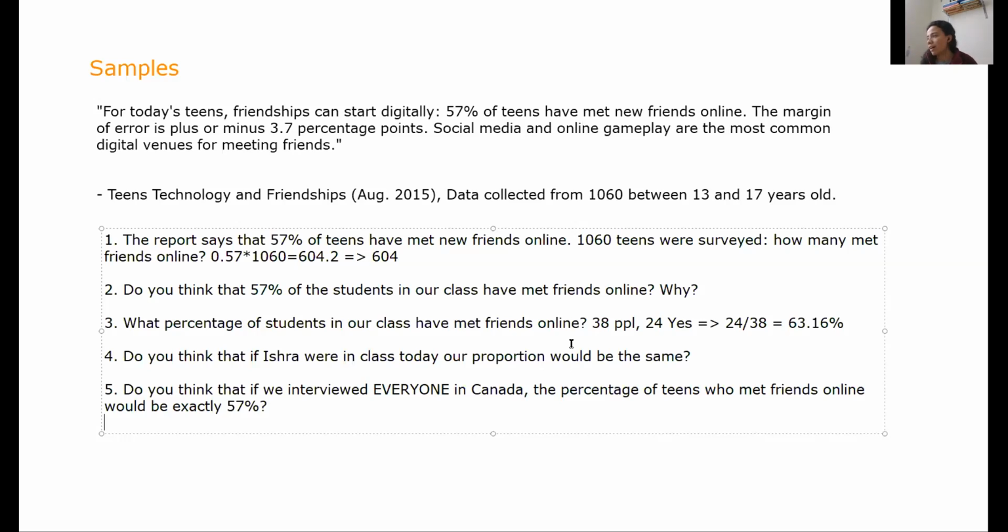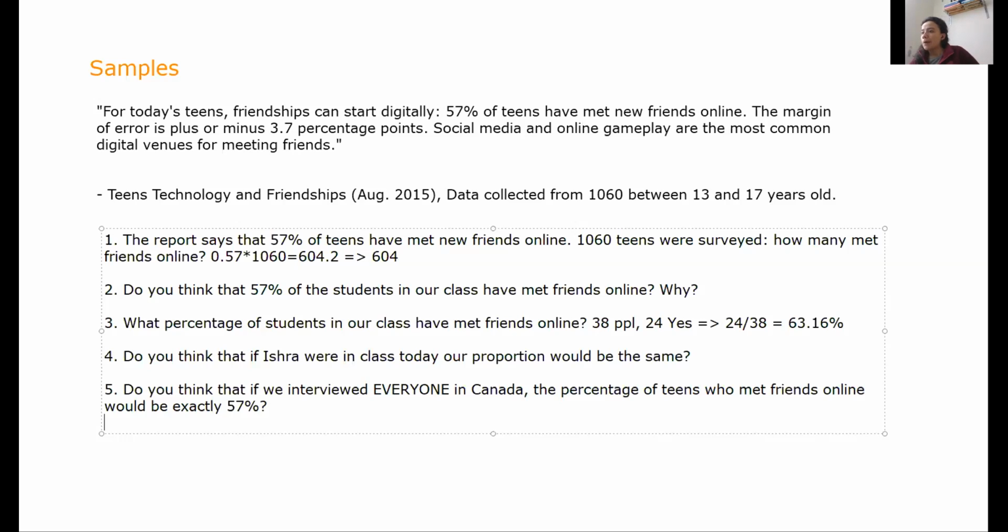But chances are the percentage is going to be somewhere around 57%, but not necessarily exactly 57%. And we have no way of knowing what the exact percentage is unless you interview absolutely everyone in the population, right? Does that make sense for everyone? Everybody understands that. Yeah.